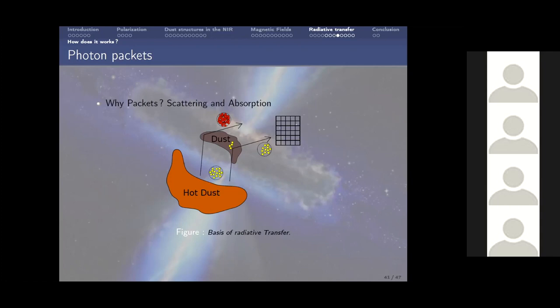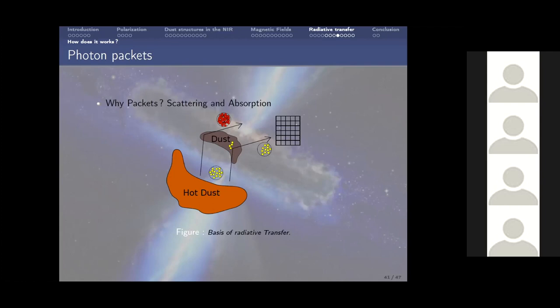So if your photon packets are absorbed and re-emitted, you're going to have a bunch of photons at different wavelengths, but more of them, in order to keep the energetic balance.